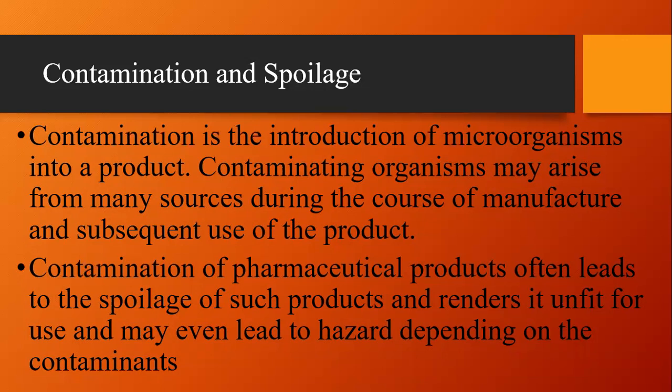Now, this contamination may arise from different sources in the course of manufacturing. We are still going to look at that. And when there is contamination of that product, this will in turn lead to the spoilage of such product. And when such product is spoiled, it will render it unfit for use.